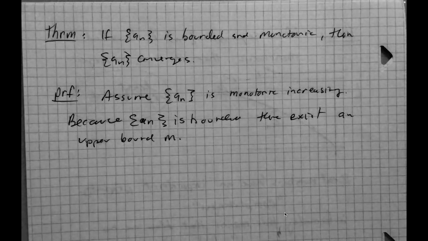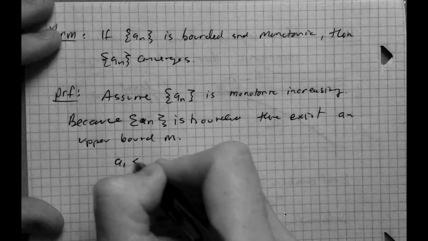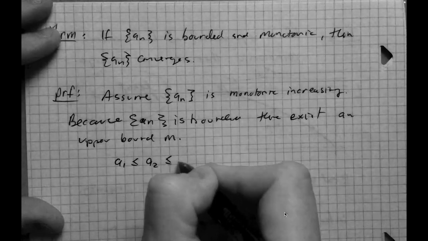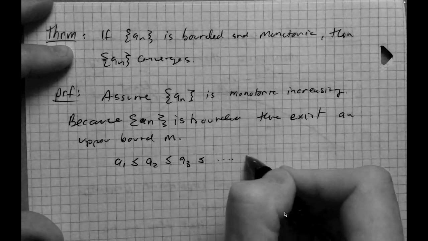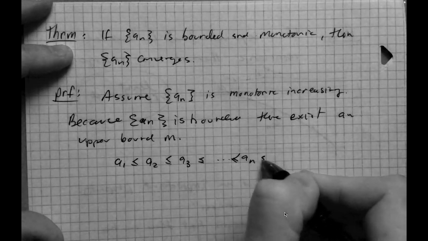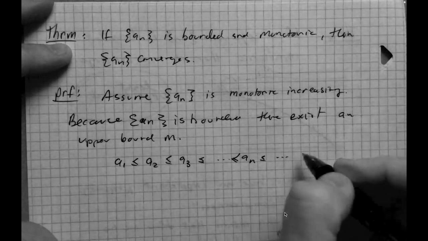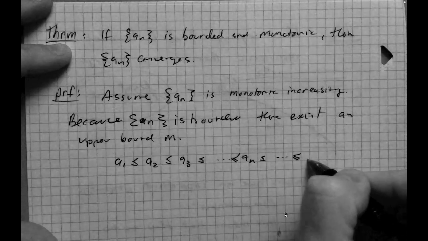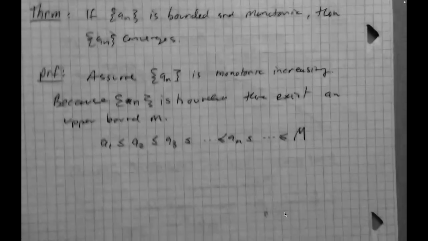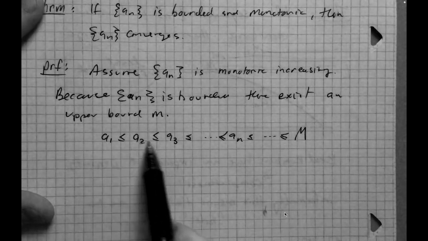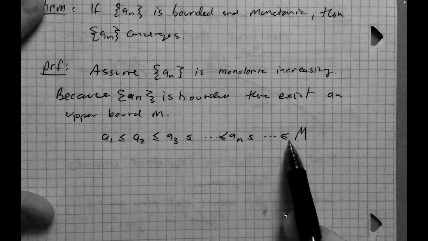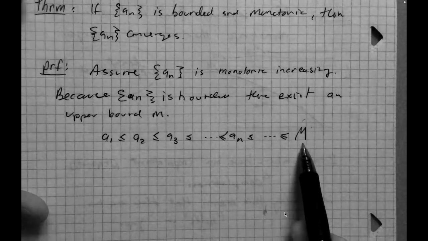Well, it simply means that A1 is less than or equal to A2, less than or equal to A3, less than or equal to dot, dot, dot, AN less than or equal to dot, dot, dot, less than or equal to M. Maybe that's too many terms to put in there, but you know what I'm saying. Basically the terms continue to increase, and all of them are less than this value of M.